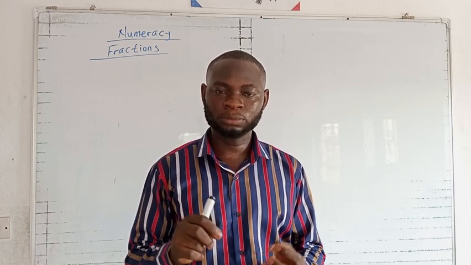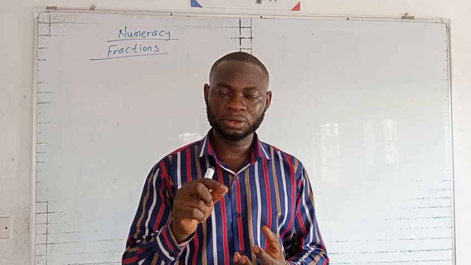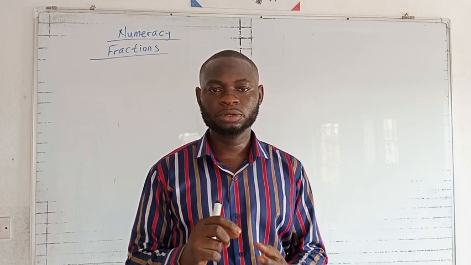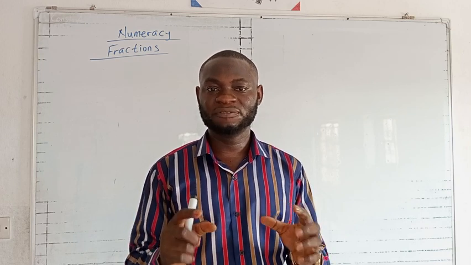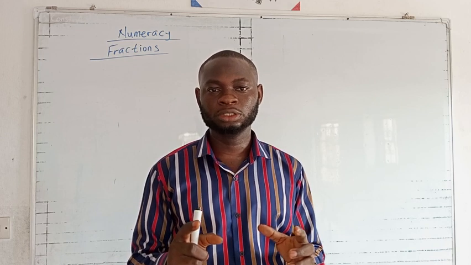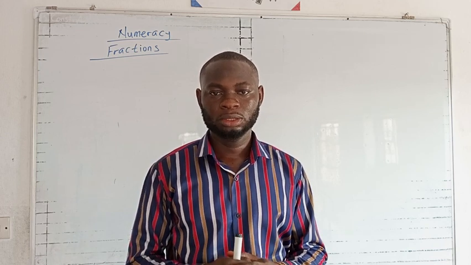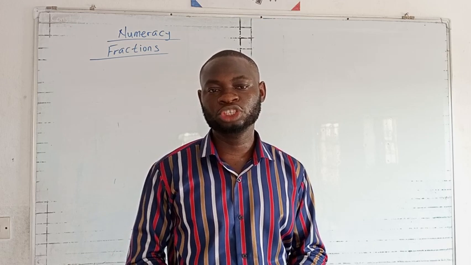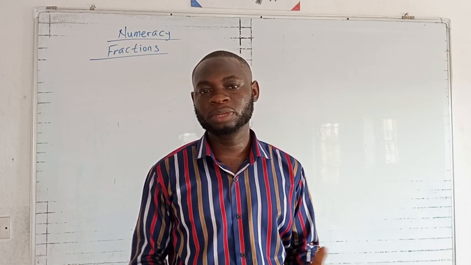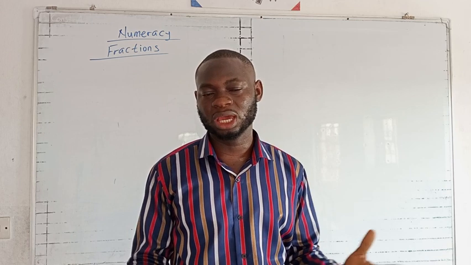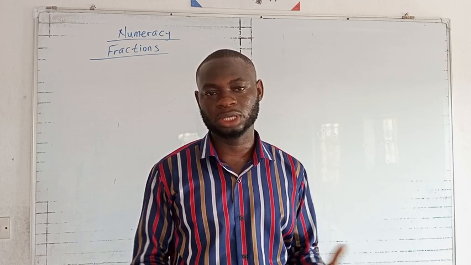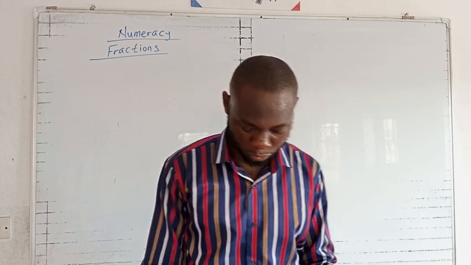The improper fraction is a fraction whose numerator is greater than the denominator. The mixed fraction is a fraction made up of a whole number and a proper fraction. Then decimal fractions are fractions whose denominators are 10, 100, 1000, 10,000, and so on.